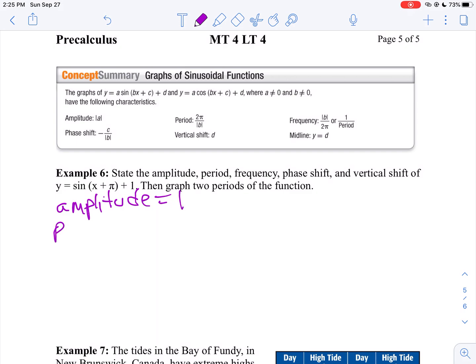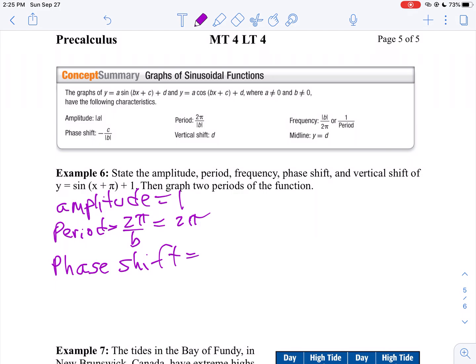Our period is going to be 2 pi over b. And once again, because b is 1, the period is 2 pi. Our phase shift is going to be negative c over b.